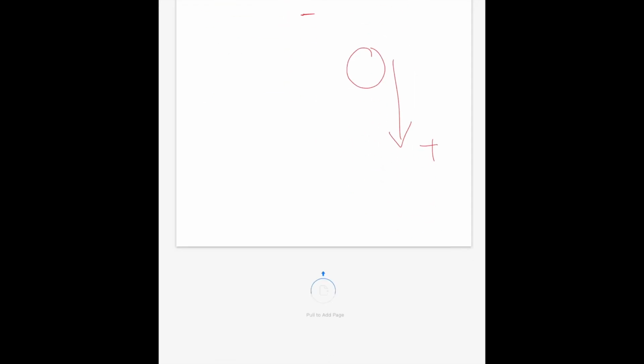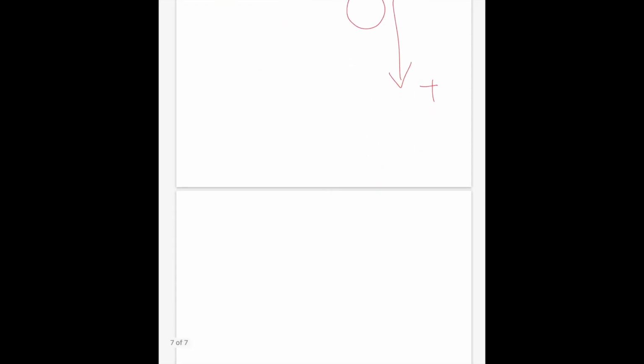Okay, so now let's look at only the x-axis. This is your origin, point 0. Let's say we have 1, 2, 3, and let's say this is 4.